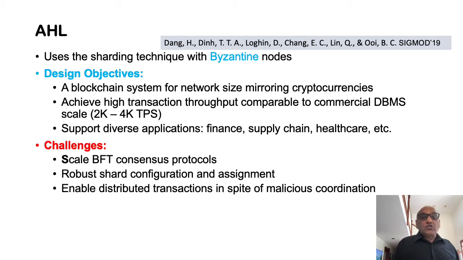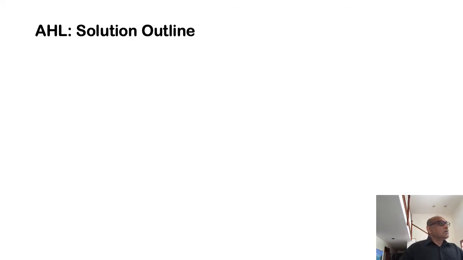Okay, having seen the design objectives as well as the challenges associated with achieving them, let's look at the solution outline of AHL, which is a short form for attested Hyperledger.